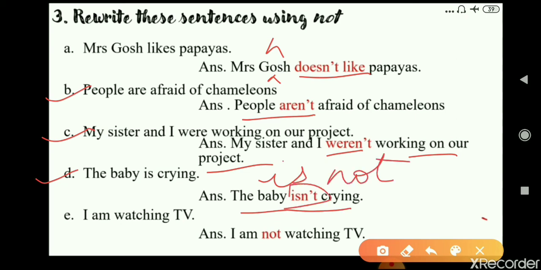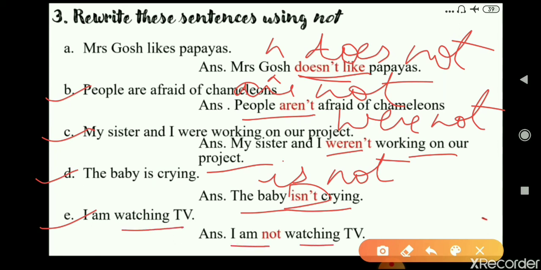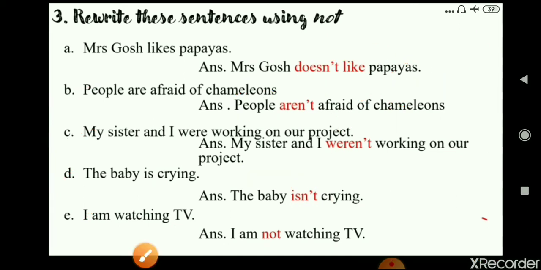Okay, same way were not, weren't, and here are not, aren't, and here does not be used, doesn't. Same way, I am watching TV. I am not watching TV. Okay, so all these are negative sentences. You have to complete this exercise in your notebook.